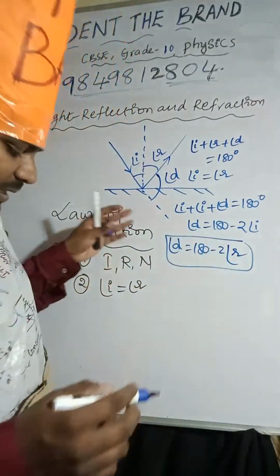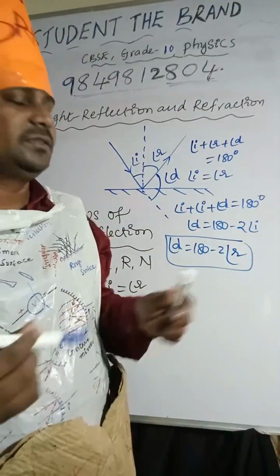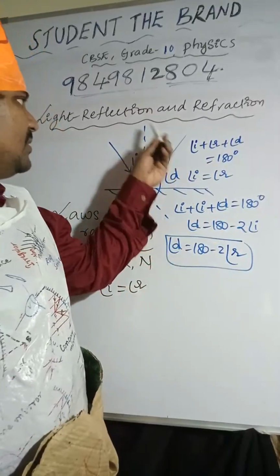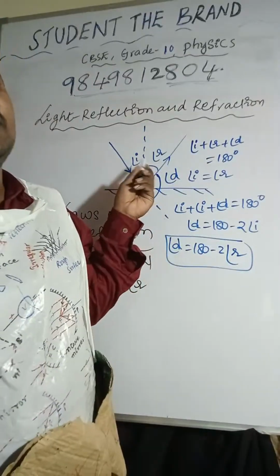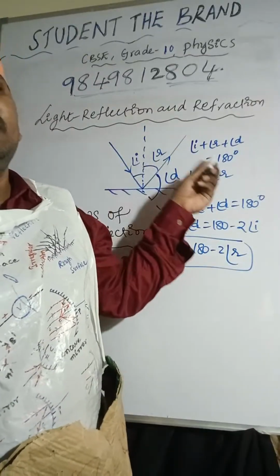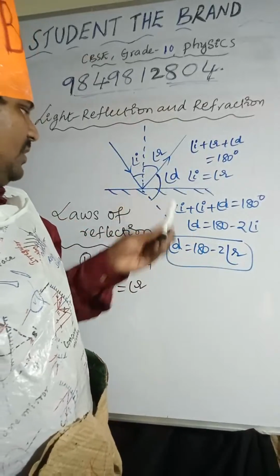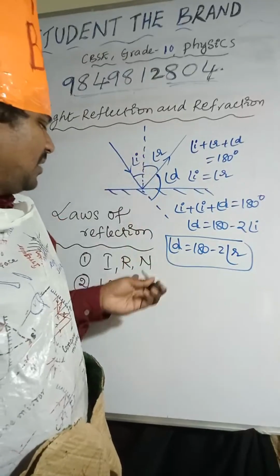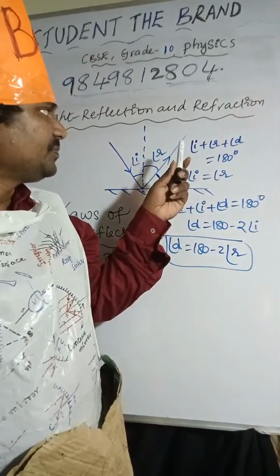Like this also we can consider. So the laws of reflection: the incident ray, reflected ray and normal lie on the same plane, and the angle of incidence is equal to the angle of reflection.